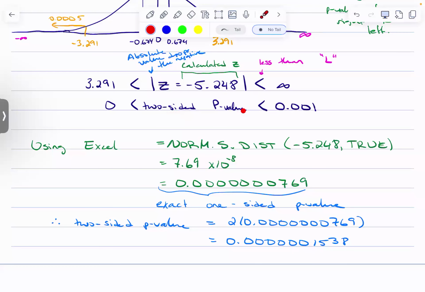We were able to understand that it was really small just from this, right? In fact, we had a gut reaction when we saw a z of -5. Anything kind of beyond 2 as a rough guide, right? Why 2 as a rough guide?